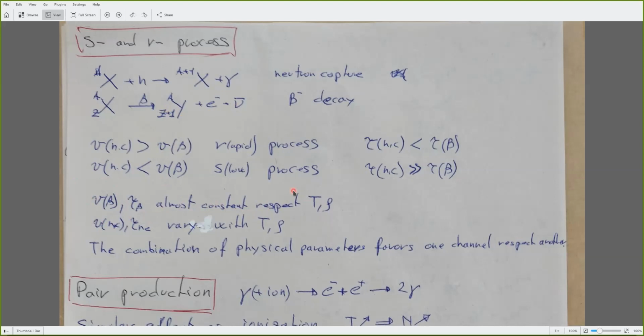Some nuclei are really stable, some are unstable and will decay. While neutron capture varies with temperature and density. This means that the combination favors one channel or the other, so you have the two processes, the slow and rapid process, depending on the environment. We'll see that some processes happen more in a certain moment than the other.